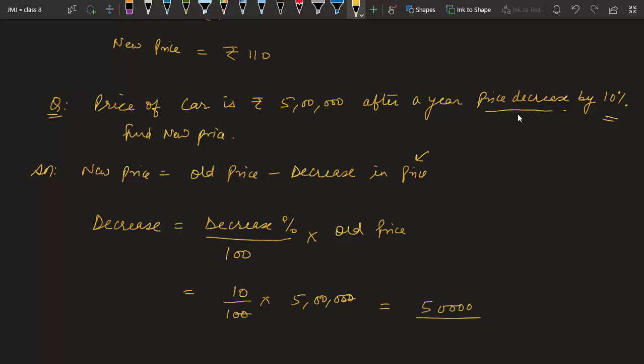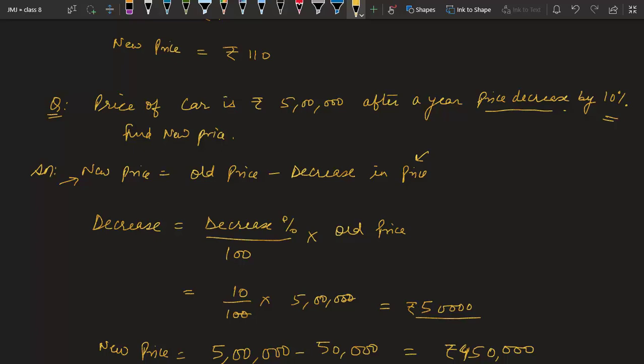So there is a decrease of rupees 50,000. So the new price as per the equation will be given by old price 5 lakh minus 50,000, which is 4 lakh 50,000. That is the new cost of the car after this percentage decrease.